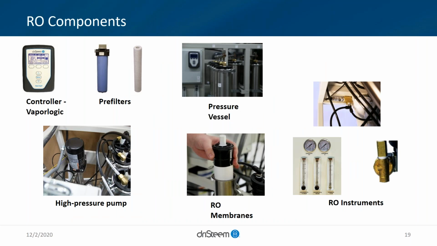So some RO components for those that are new to RO or may not have seen DriSteem's reverse osmosis offering. This can be universal for most RO systems on the market, except for the controller that's used. Again, I talked about the vapor logic advantage on flush cycles during inactivity, really getting outputs, and the interoperability perspective.